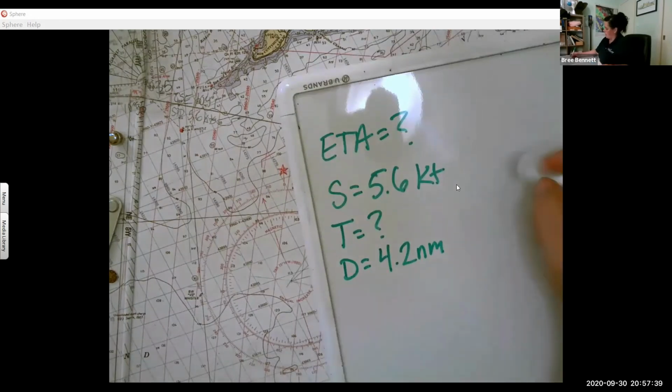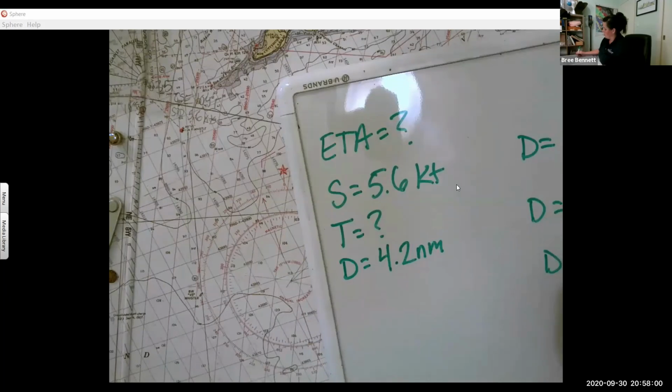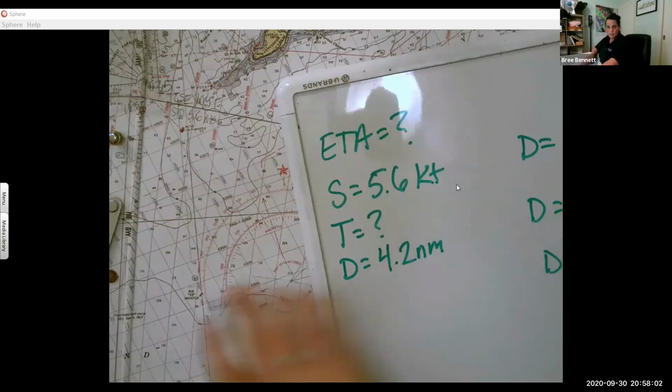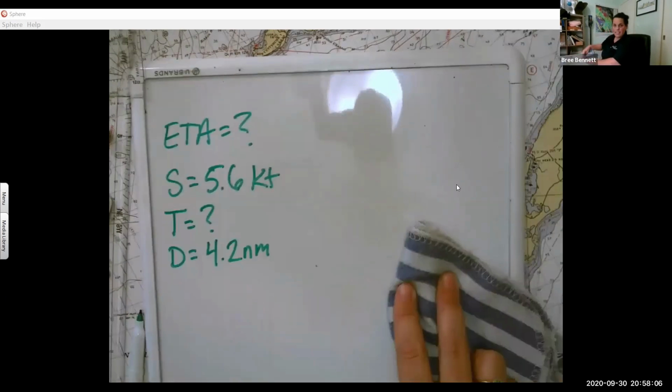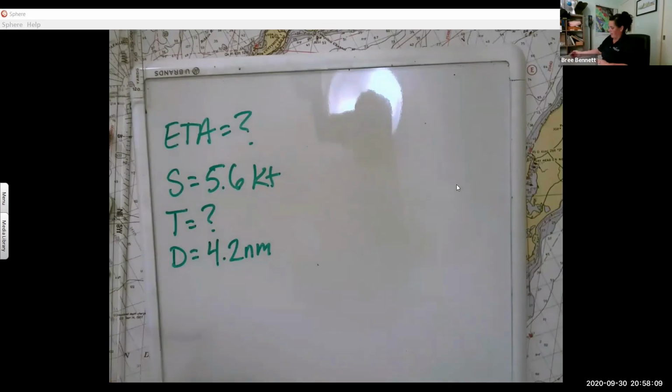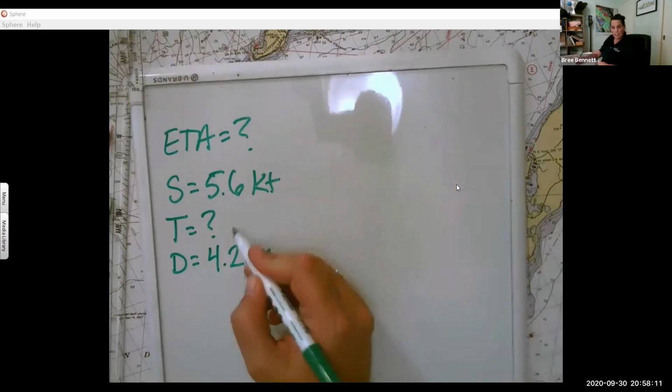So now we can do, call it distance equals S times T divided by 60 equals 5.6 times 4.2 divided by 60. What does our distance equal? No. I'm doing this wrong. Why? It's not even on the board. Someone's got to holler at me when I start getting off on a tangent. Okay, we're looking for time.